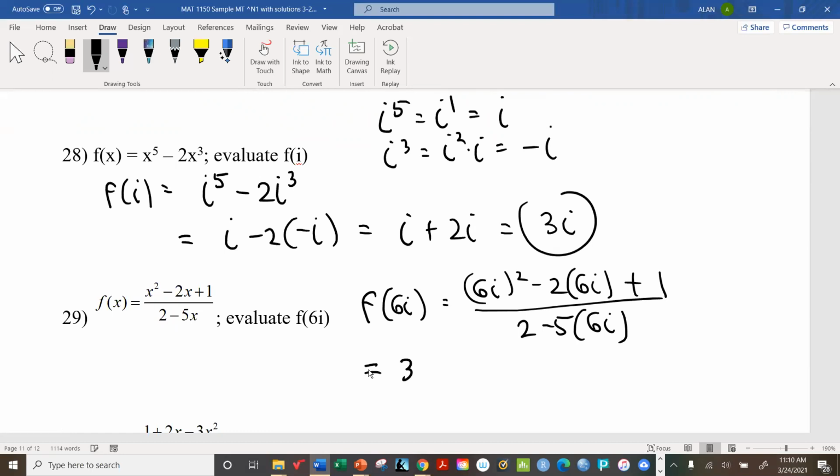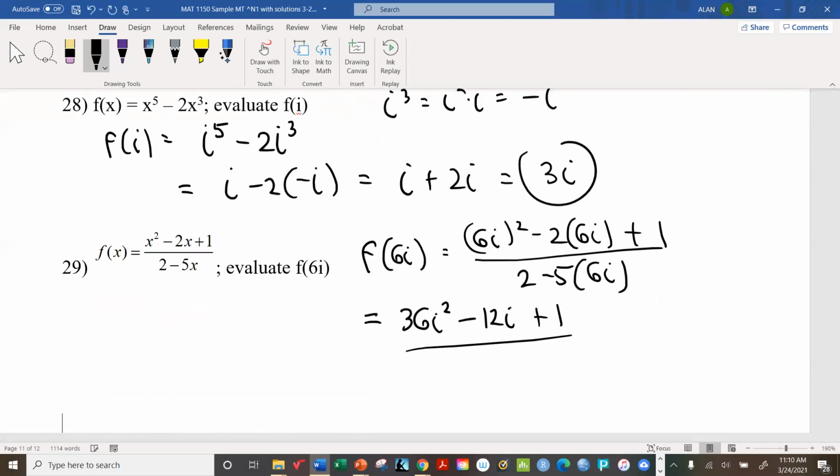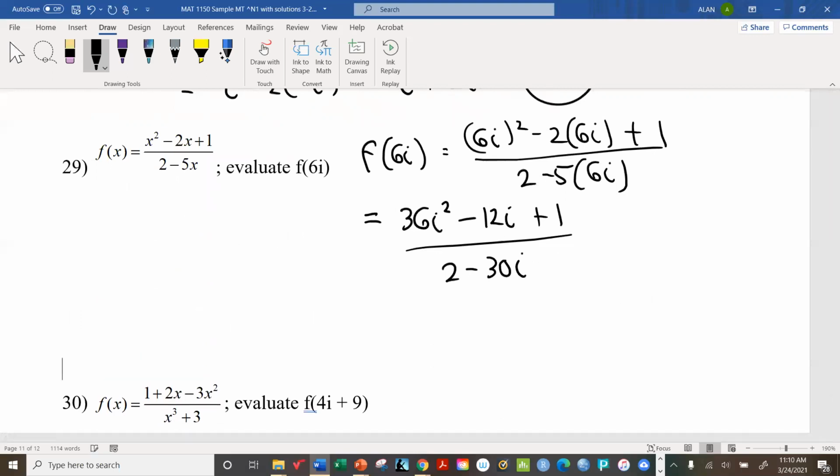Now here I have 36i squared minus 12i plus 1. Down here, I'll have 2 minus 30i. Now, the only place we can simplify this one is that i squared on the numerator, because of course that's equal to negative 1.